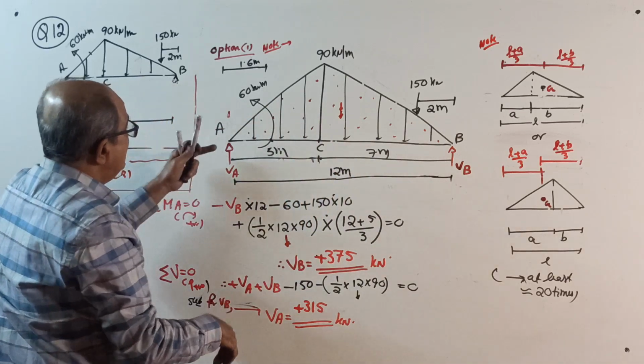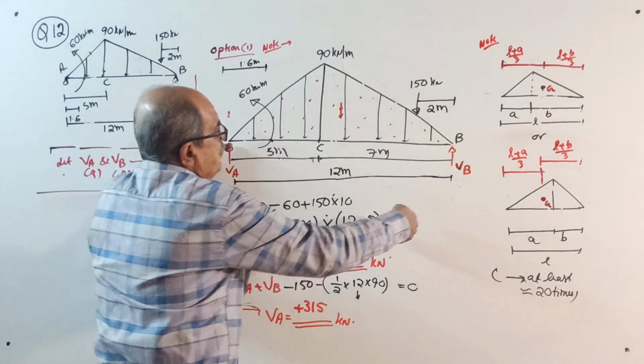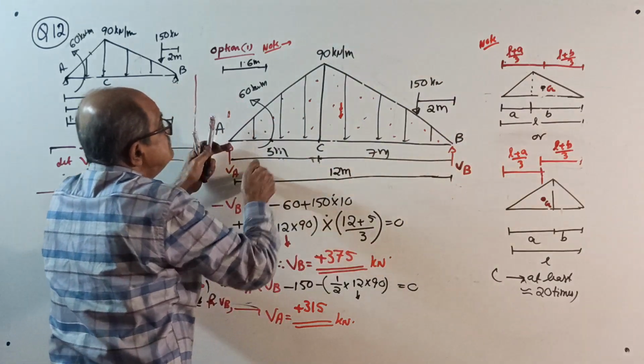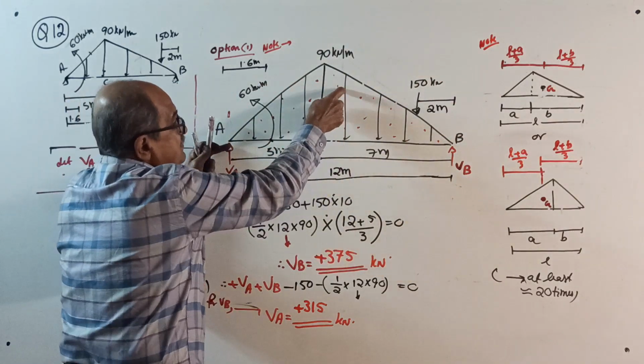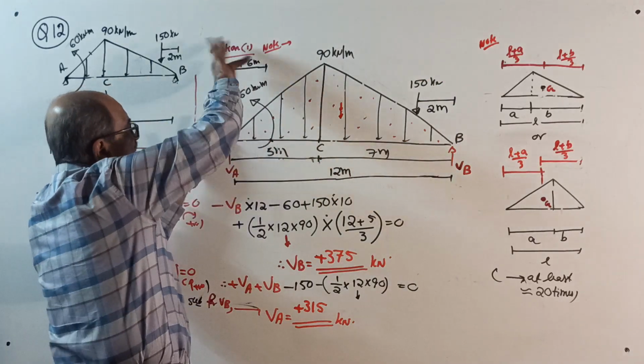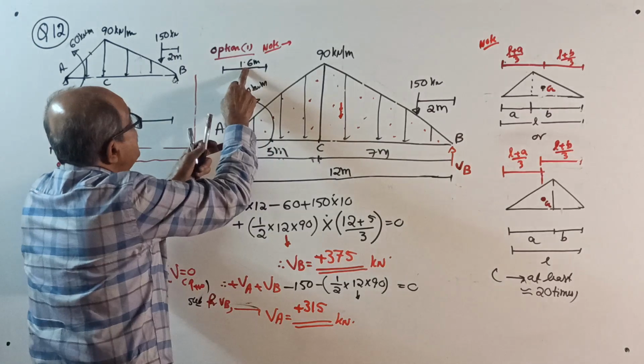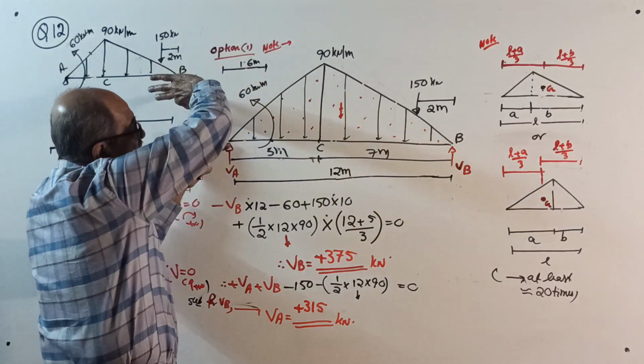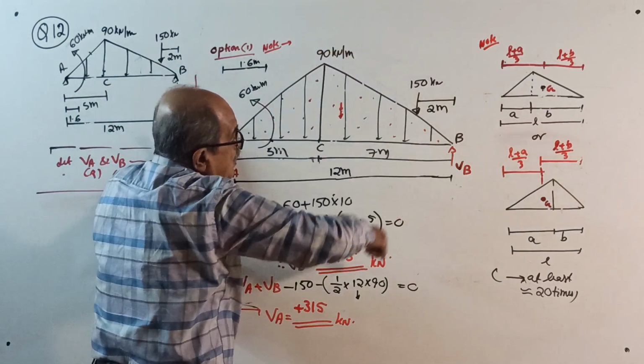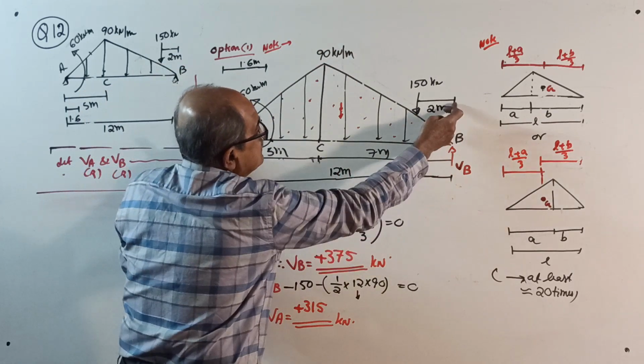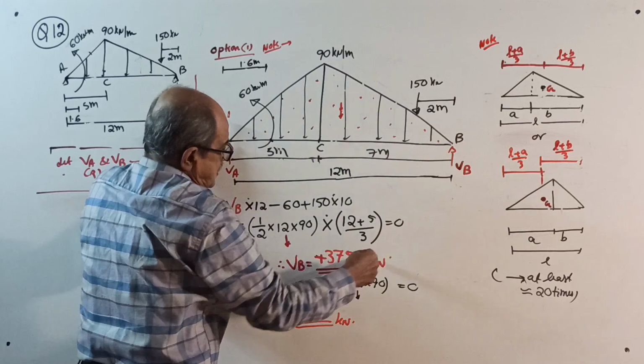Okay, then take moment about A. Minus VB into 12. Then the couple: minus 60. Plus 150 into, from 12 subtract 2, so 150 into 10.